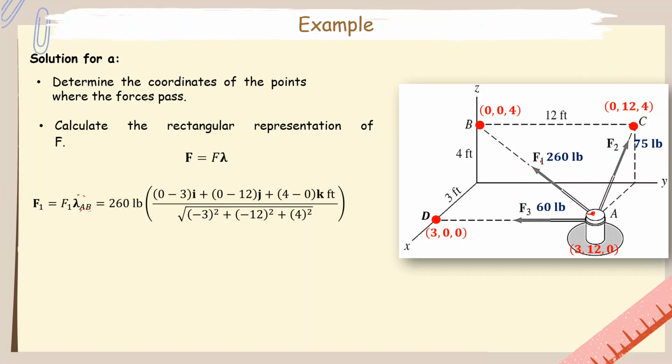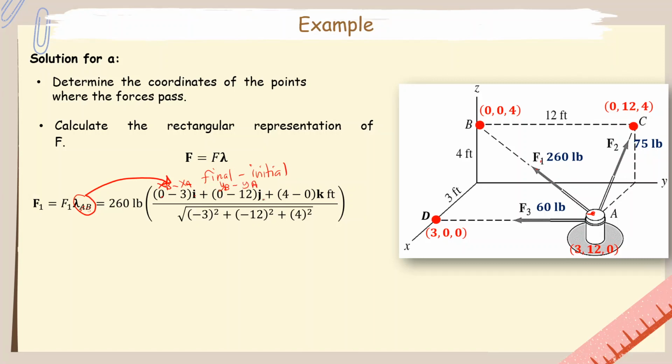Okay, how do we solve this one? Ito, di ba? So, initial A, final B. So, dapat ang pag-minus-minus natin, final minus initial. So, para sa x, unahin natin ang xb minus xa. And then, I. Next is yb minus ya para sa j.